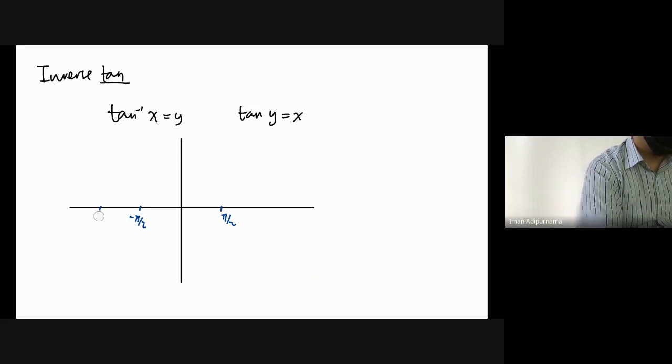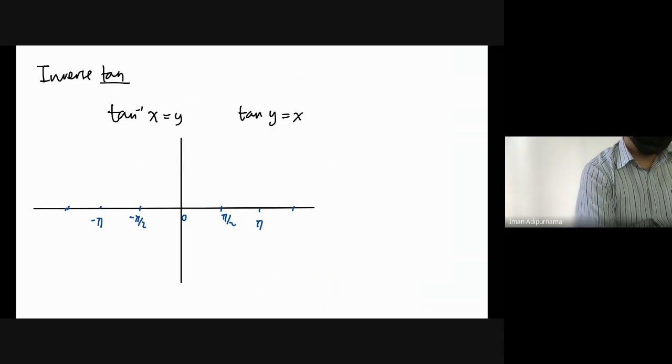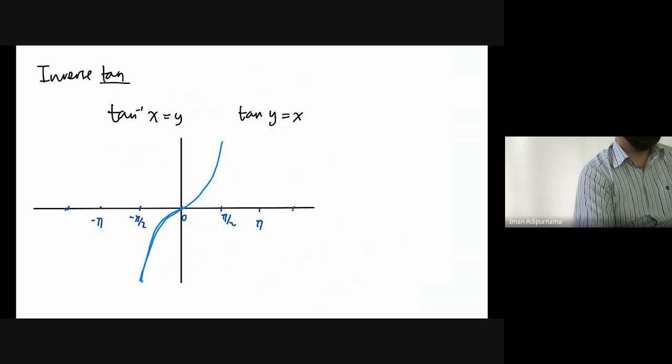maybe let me make a really good scale. Negative pi over 2, maybe negative pi here, 0, pi. Maybe take elongated there. Maybe another point, another point. The graph will be that, the tangent.